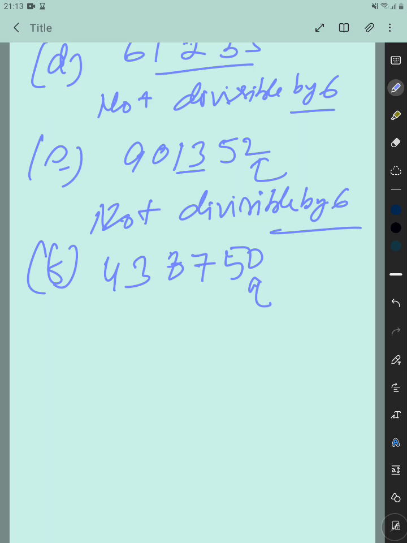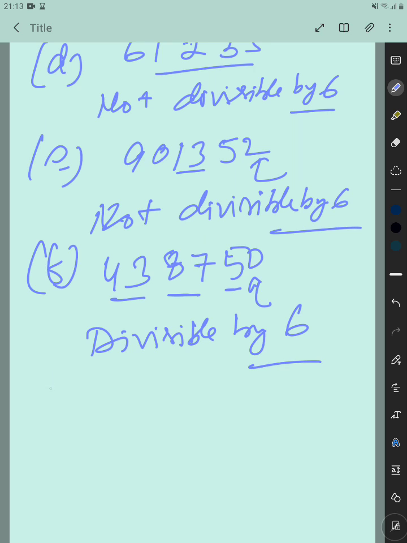Now we have to test by 3. 4 plus 3 is 7, 7 plus 15 is 22, and 22 plus 5 is 27. 27 is divisible by 3, so the number is divisible by 3. Since it is divisible by 2 and 3 both, it is divisible by 6.